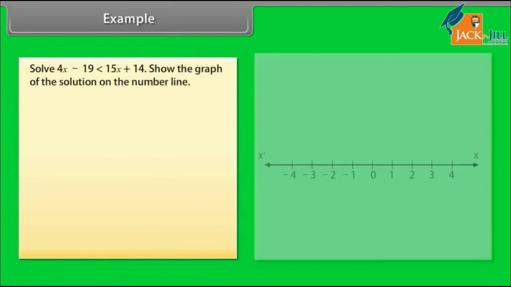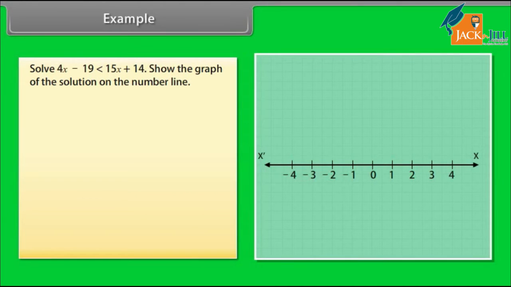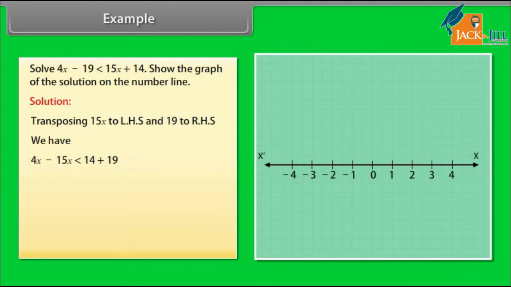Example. Solve 4x minus 19 less than 15x plus 14. Show the graph of the solution on the number line. Solution. Transposing 15x to LHS and 19 to RHS, we have 4x minus 15x is less than 14 plus 19, or minus 11x is less than 33.